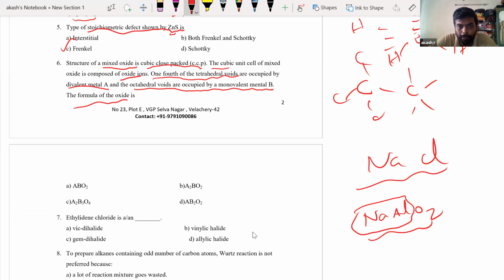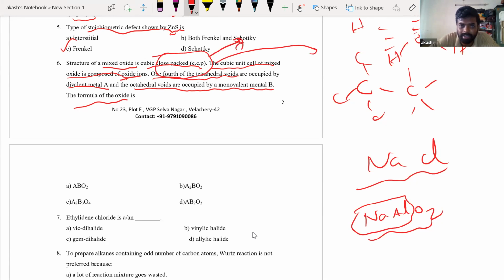The cubic unit cell of mixed oxides is composed of oxide ions. That means what? The entire unit cell, all the lattice points, are composed of oxide ions. Now, please tell me, when I say CCP, what is the unit cell I'm talking about?